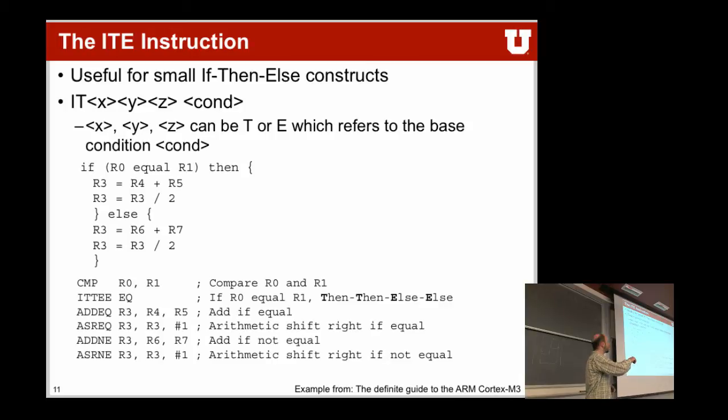So this will now tell us that these instructions here are conditional. And more specifically, we will have a then, then, else, else. So then equal, else not equal, else not equal. And this encoding represents exactly what we have up here in C code. It's a neat little trick with if-thens that you can do in ARM assembly.